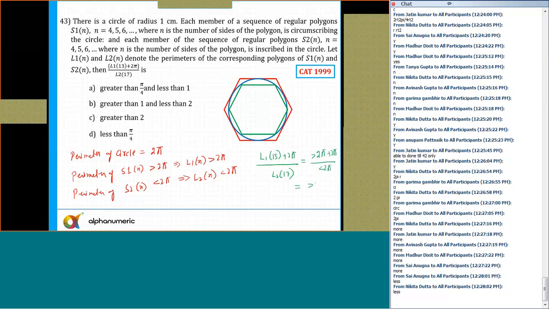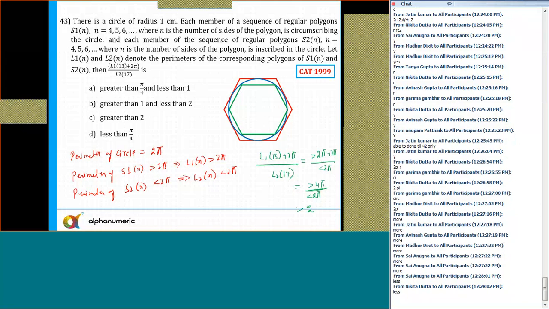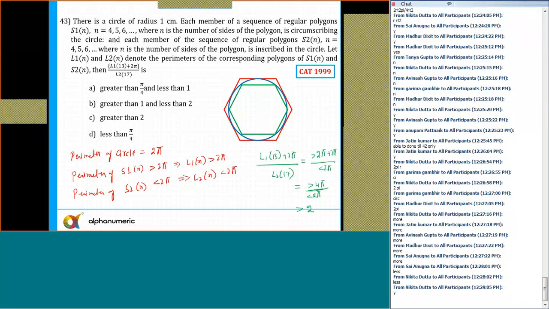So my numerator is always greater than 4 pi, whereas the denominator is less than 2 pi. So can I say this entire value is always greater than 2? Yes or no? Because the numerator is more than 4 pi, the denominator is less than 2 pi, the ratio of these two is always more than 2. So the correct answer will be option number.